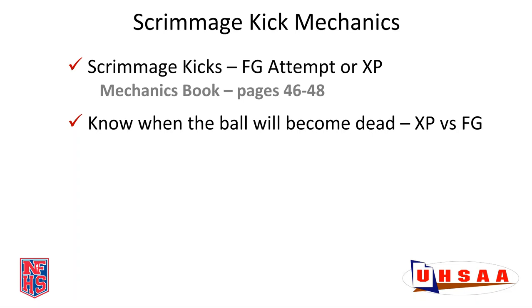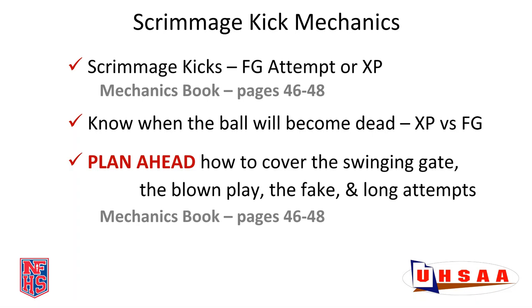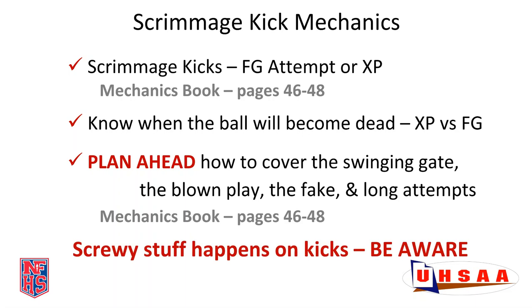Also, make sure that as crews you plan ahead how you're going to cover the so-called swinging gate formation, the blown play, the fake field goal or fake place kick, and long attempts snapped from outside, say, the 30-yard line. These all require special coverage and should be communicated and pre-gamed together by your crew, because screwy stuff always happens on kicks. So be aware of this.